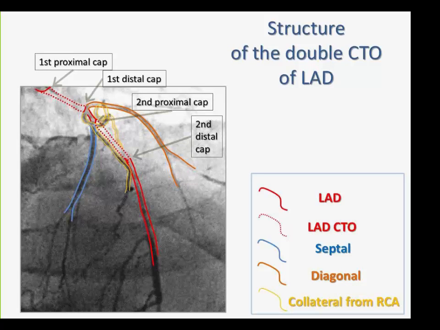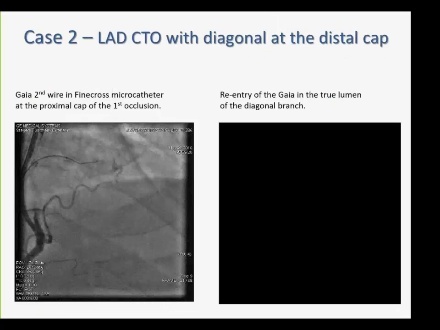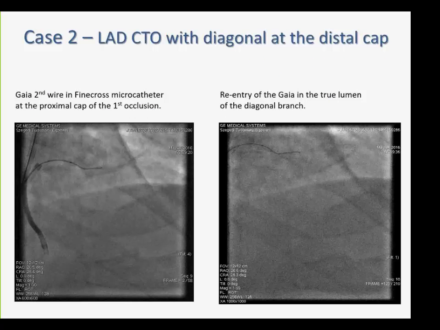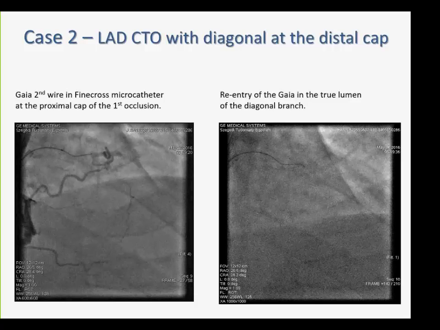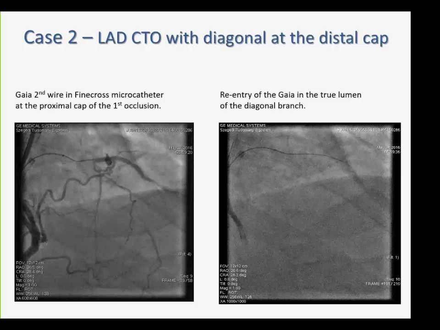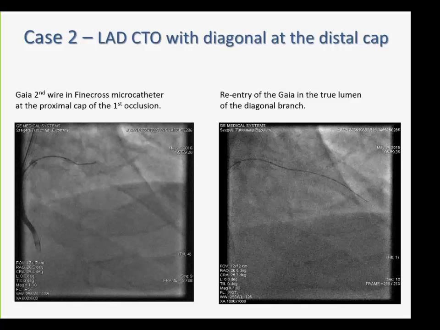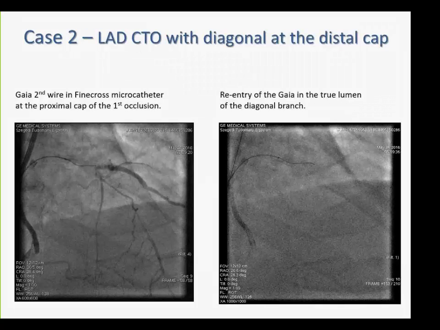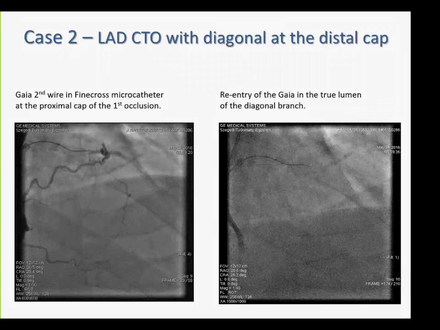We started. Of course, the only suitable approach as a first intention was the antegrade wire escalation because of the big branch at the distal cap.